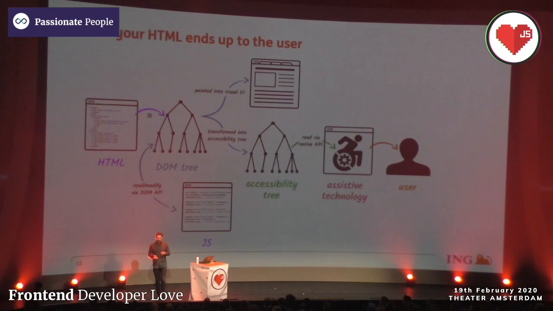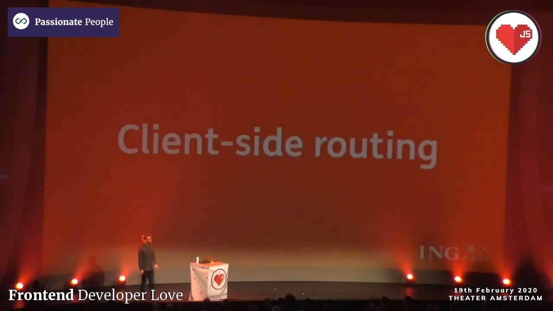Something that we do in our single page app oftentimes is client-side routing. So we use JavaScript to override the navigation actions that we have on anchor elements, right? We click on an anchor, and we do not go back to the server to fetch a new page. No, we execute some JavaScript to show something different on the page by using a router.